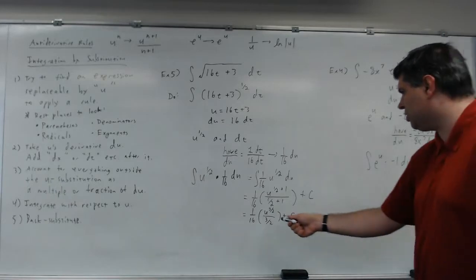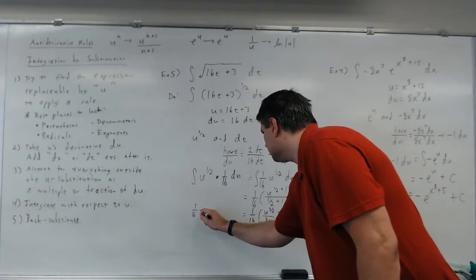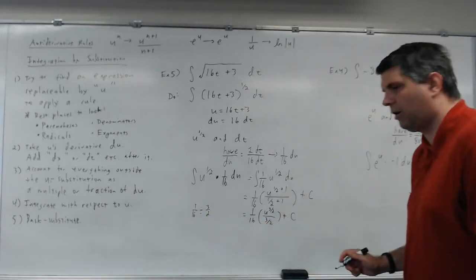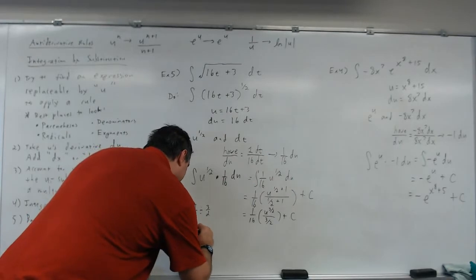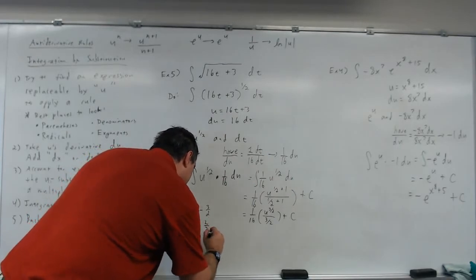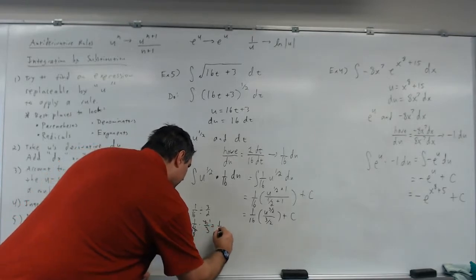All right, and I'm going to do 1/16 divided by 3/2. So that gives me 1/16 times 2/3, which is 1/24.